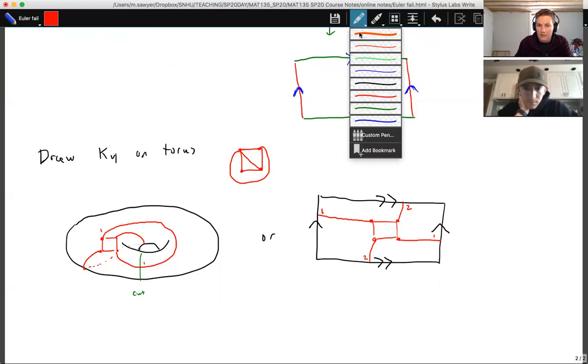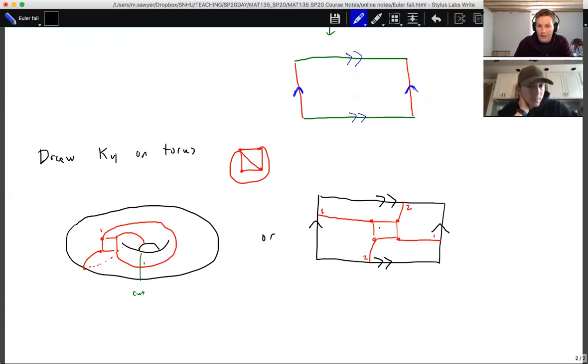So now when I'm counting my faces, I have my first face, and then my second face, I say, well, this is face 2, but this side of the face lives between 1 and 2.